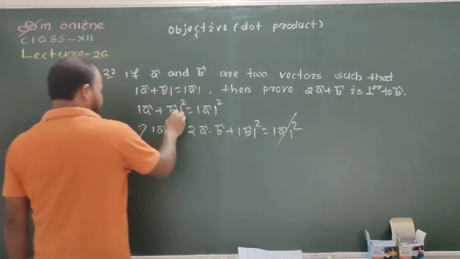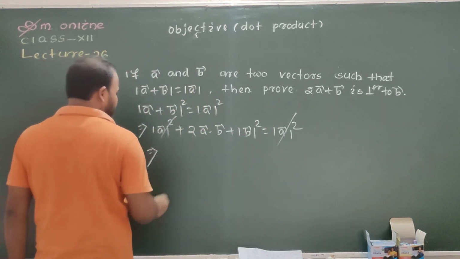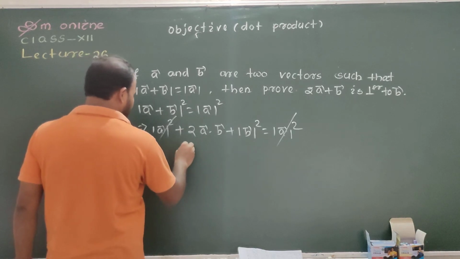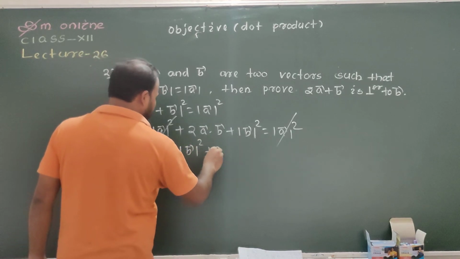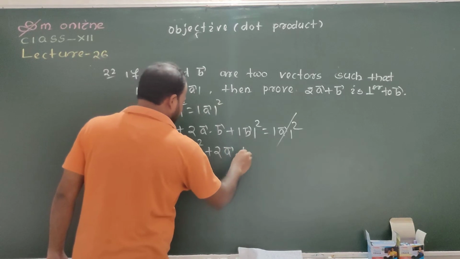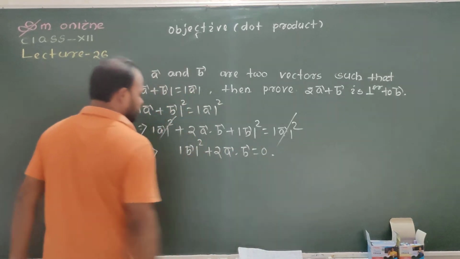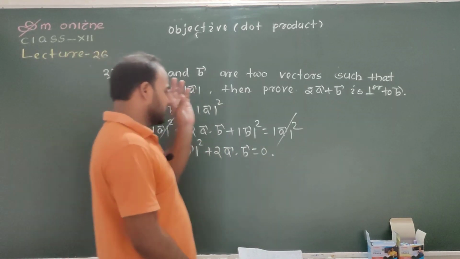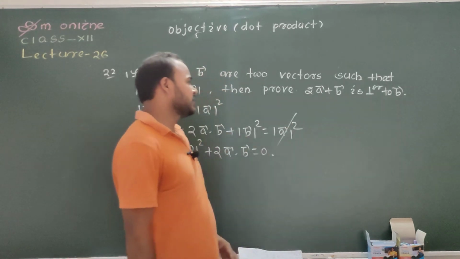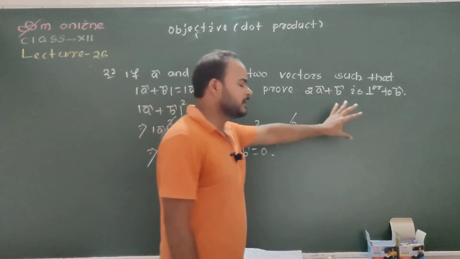The A squares cancel, so we write magnitude of B square plus 2 into vector A dot vector B equals 0. Now come to the point: the question is that 2 into vector A plus vector B is perpendicular to vector B.